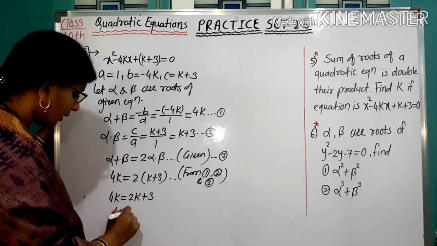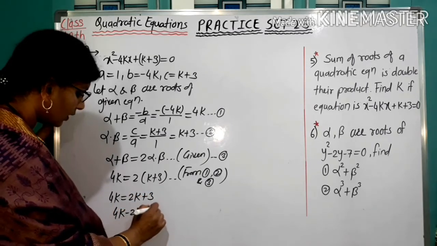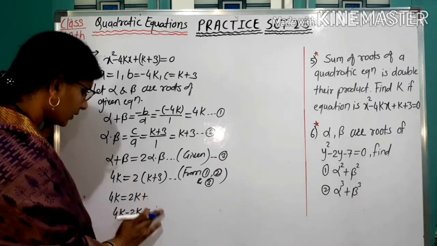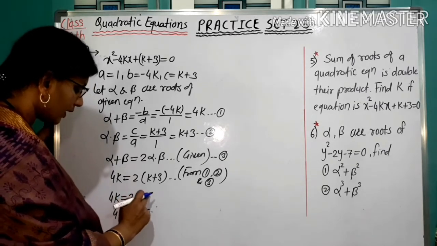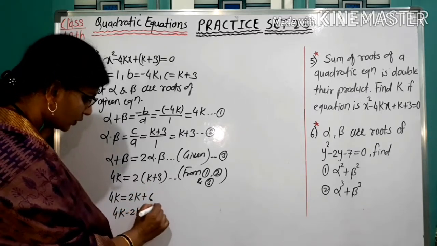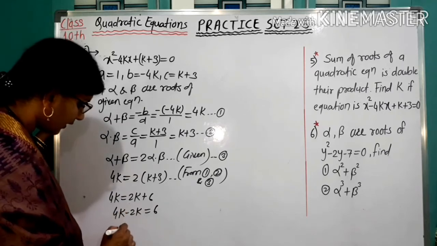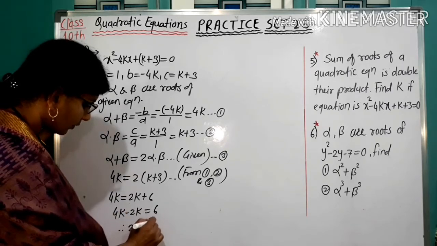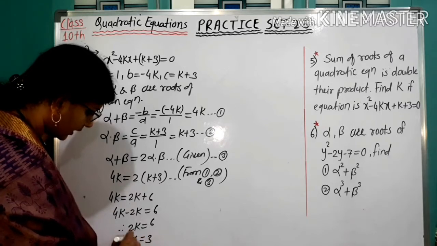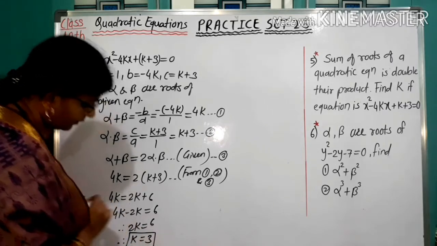Here 4k equal to 2k plus 6. Therefore 4k minus 2k equal to 6, and therefore 2k equal to 6, and therefore k equal to 3. This is the value of k.